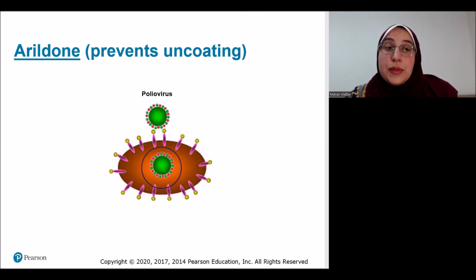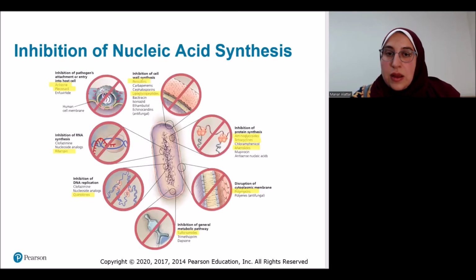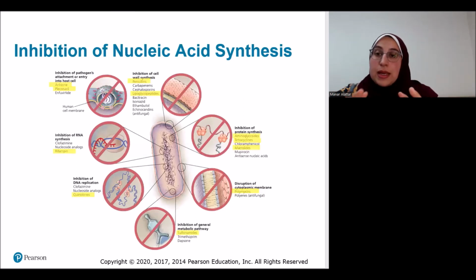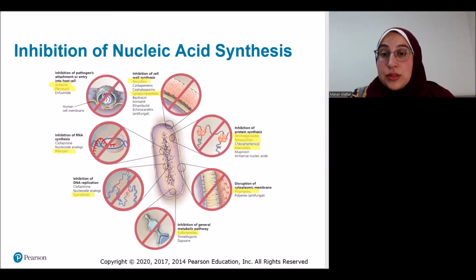And so these are all of our different mechanisms for inhibiting microbial pathogens once they've actually infected their host. We talked about inhibition of the cell wall. We talked about inhibition of protein synthesis. We talked about disruption of the integrity of the cell membrane.